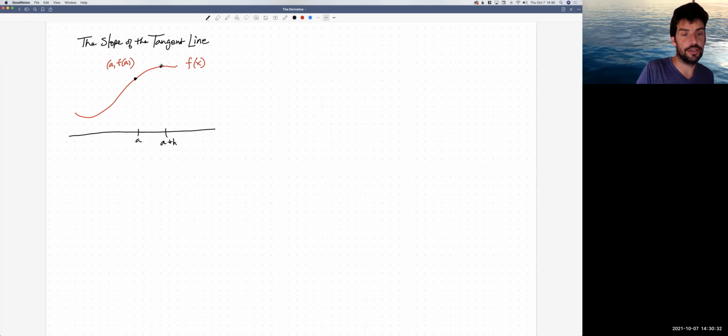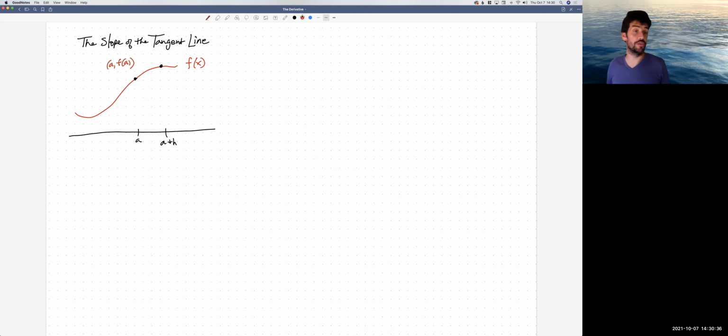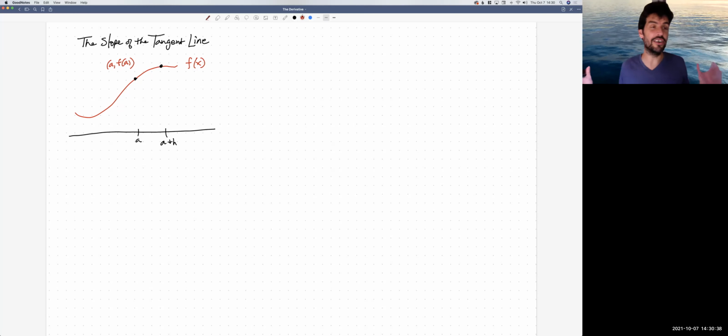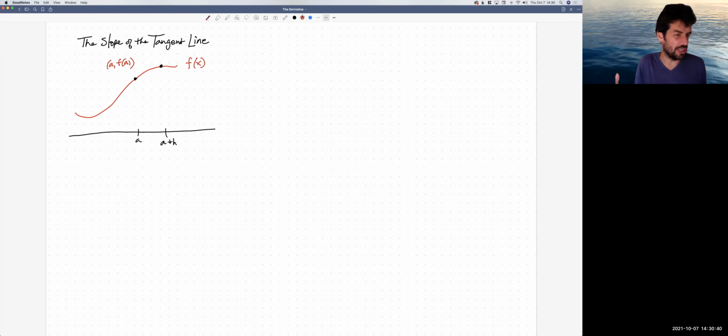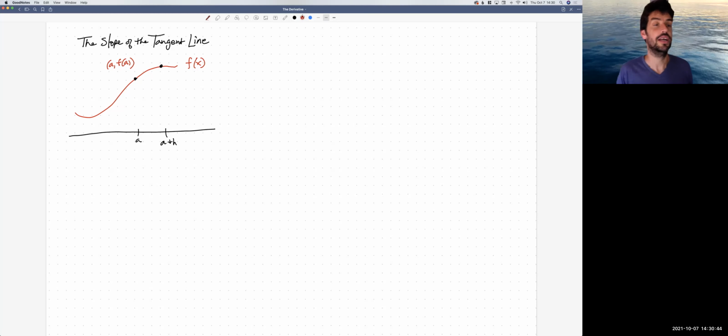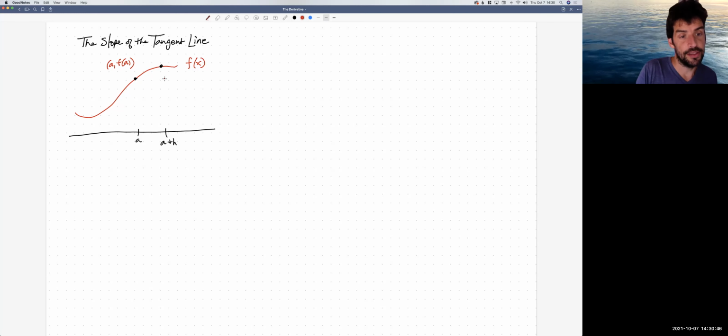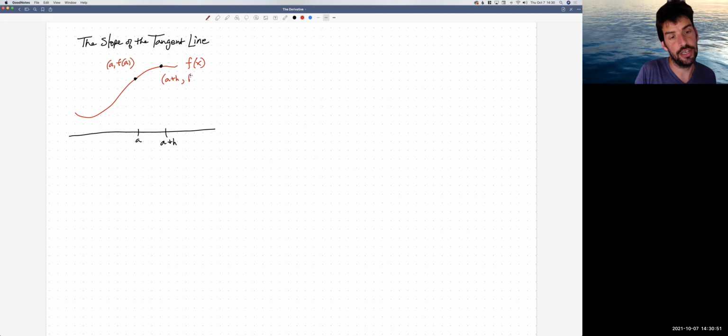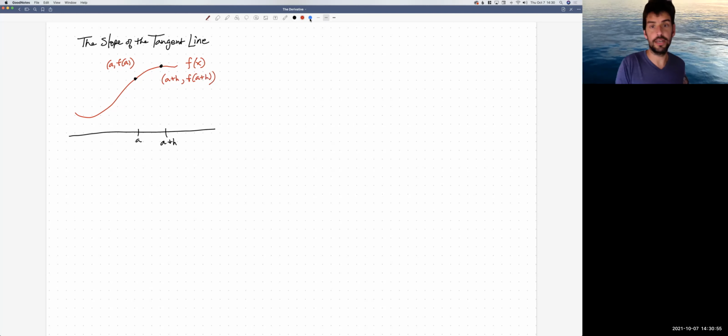And so H, remember, is small, and we know that our function is defined near A, so some interval around A. So eventually H can be small enough, however small we need it to be, so it's in this place where f is defined. This will be the point A plus H, f of A plus H, right?